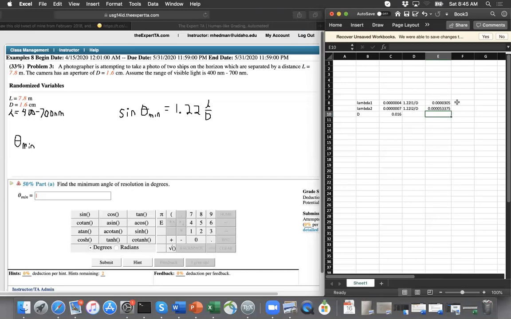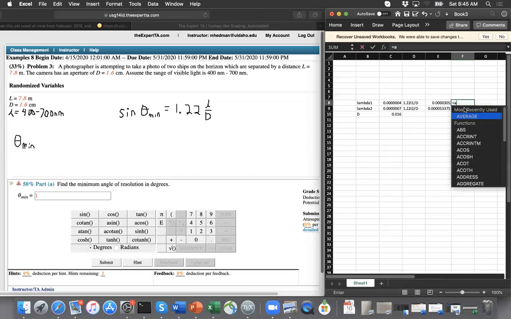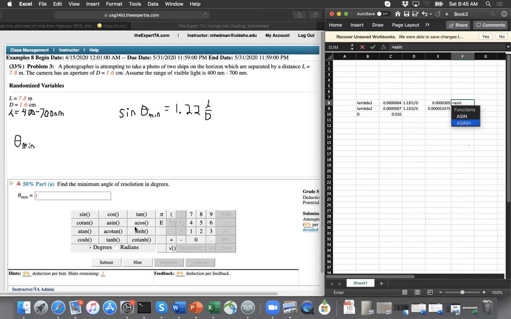We need to do the arc sine of that, which at least this time there's actually something here for you to do that, but I want to do it explicitly here to remind you of something. We take the arc sine of this number, and here, we take the arc sine of this number.